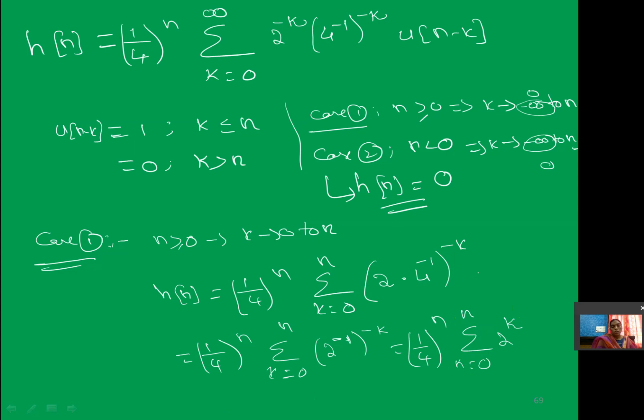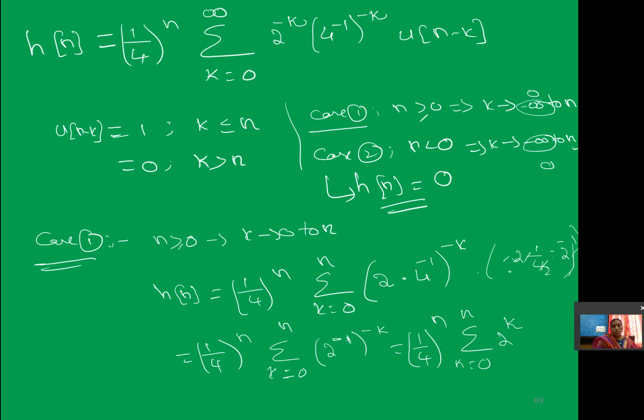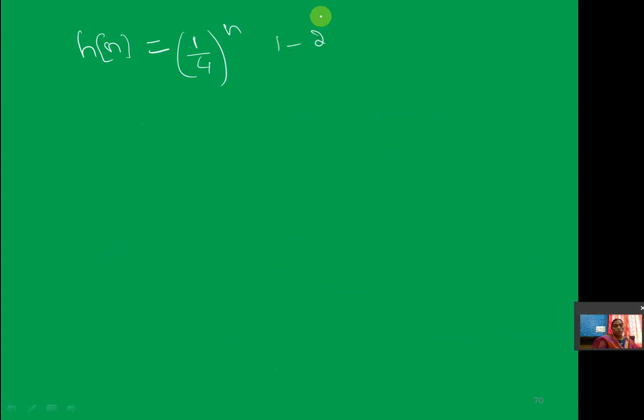Here 1 by 4 into 2, which gives 1 by 2, means 2 power minus 1, in such a way. So we are writing, then h of n is equal to 1 by 4 whole power n, from the formula, 1 minus 2 power n plus 1 by 1 minus 2.